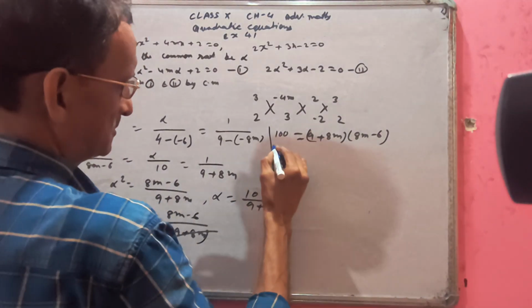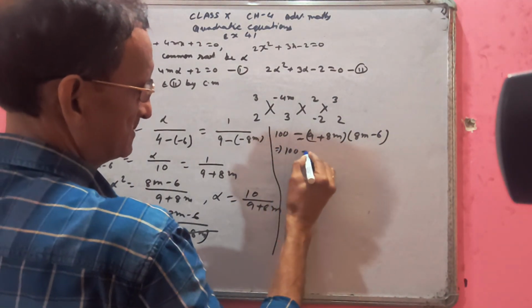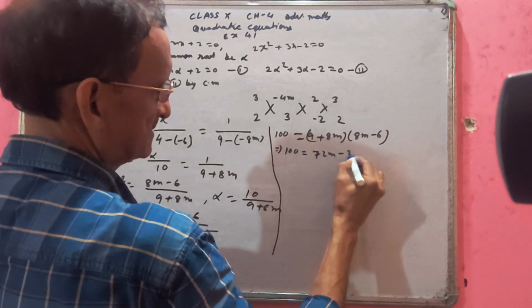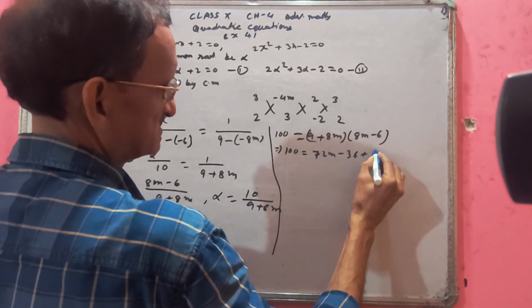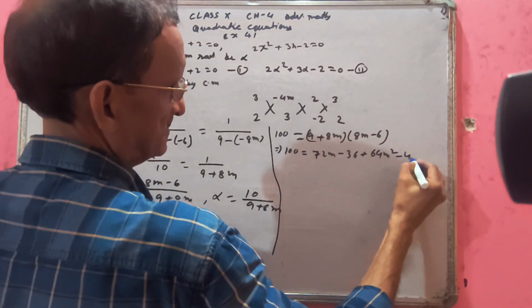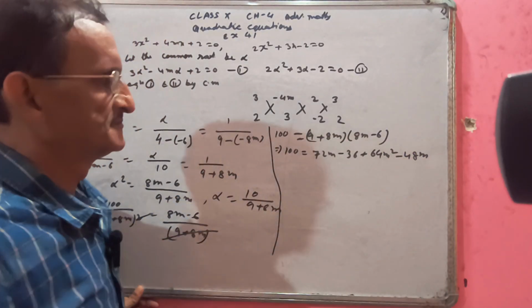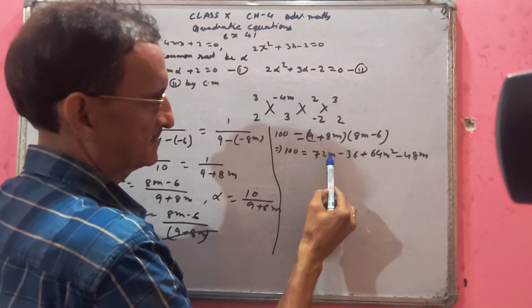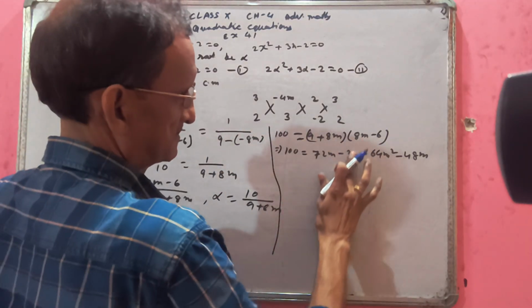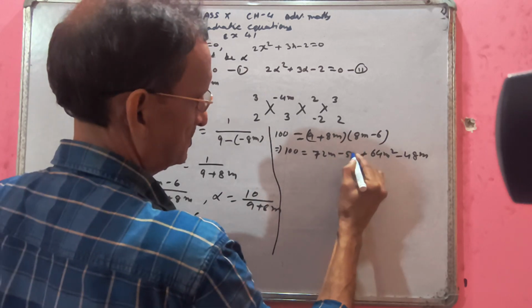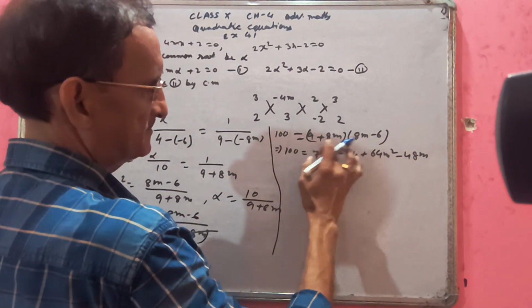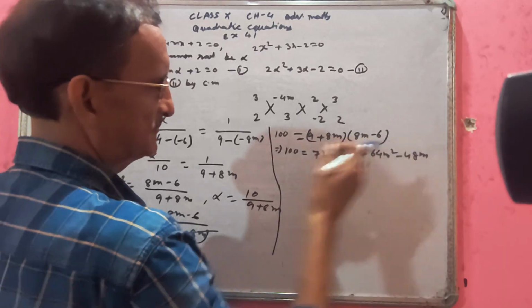So now we just solve only here. So 100 is equal to 9 into 8, 72m, minus 36 plus 64m square minus 48m. Multiplication of 9 into 8 is 72m, 9 into 6 is 54, and 8 into 8 is 64m square, plus minus 8 into 6 is 48m.